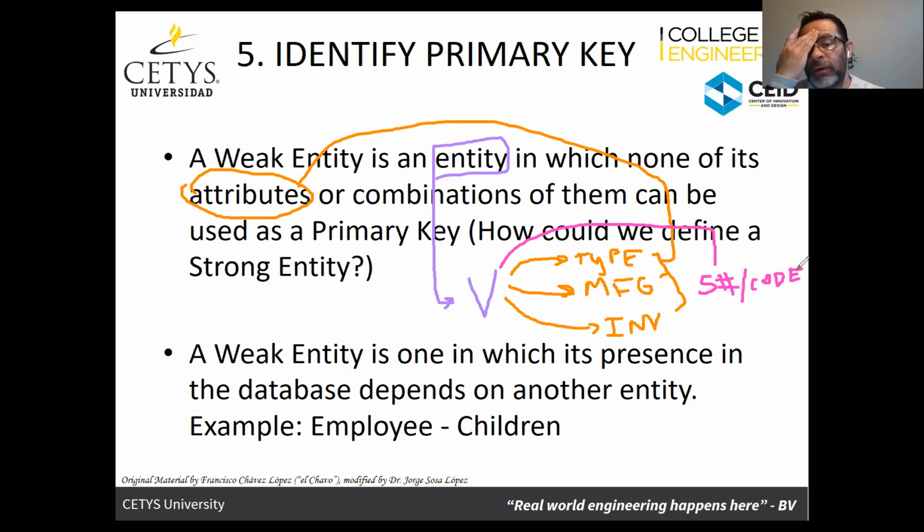Another example is employee and children. So I, as an employee, have an identifier, which is my employee number. So let's say that the attributes are my employee number and, for example, my name.